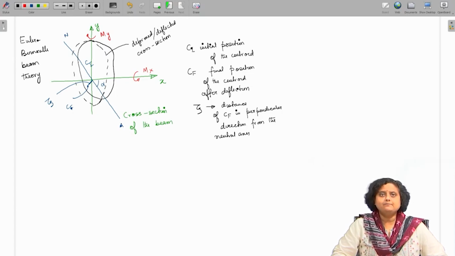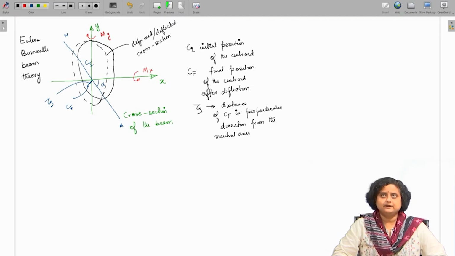So, when the beam is bending under bidirectional moment, a similar thing is happening. The CI, which was the initial position of the centroid, will move to a new position CF in a direction perpendicular to the neutral axis.